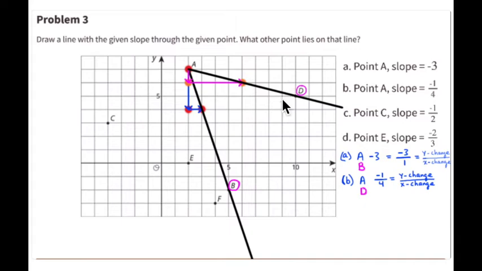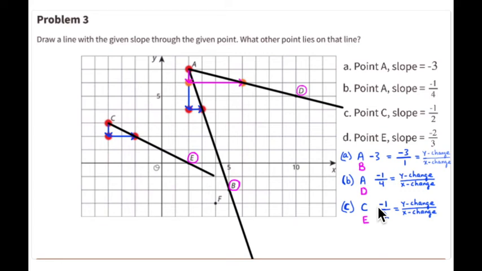And the second point that's on that same line is point D. So right here, point D. And for C, C starts out at point C. So here's point C over here, and it's a slope of -1/2. So the change in the y direction is -1 unit for every 2 units in the horizontal direction.